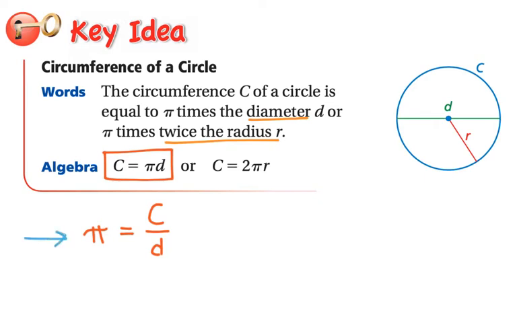Well, if I were to rewrite that equation algebraically to solve for circumference, I would have to undo whatever operation is going on with the diameter here. Right now the equation says circumference divided by diameter, so algebraically we would undo that by simply multiplying by diameter.